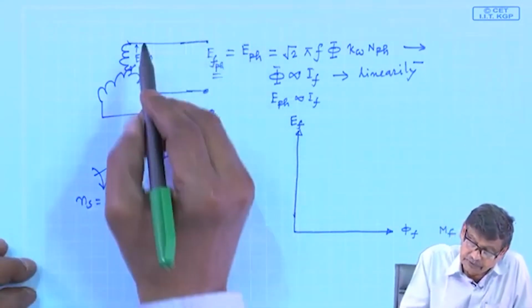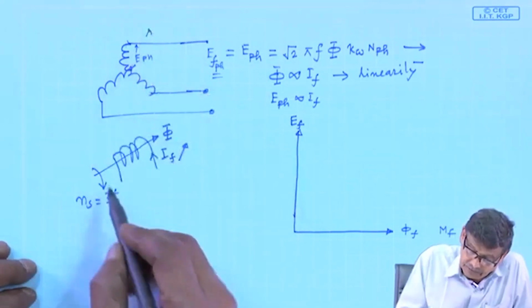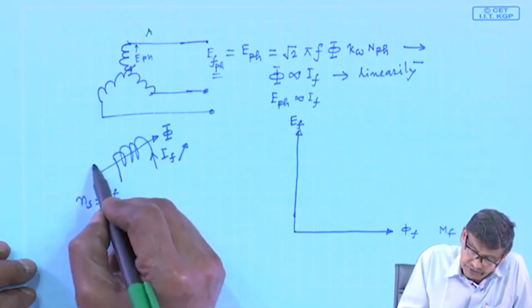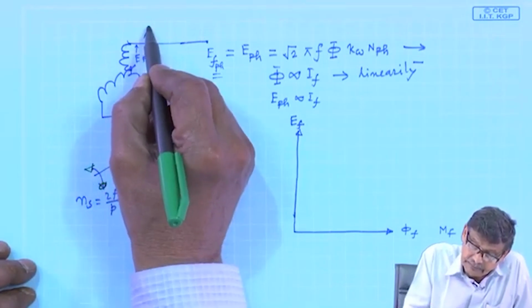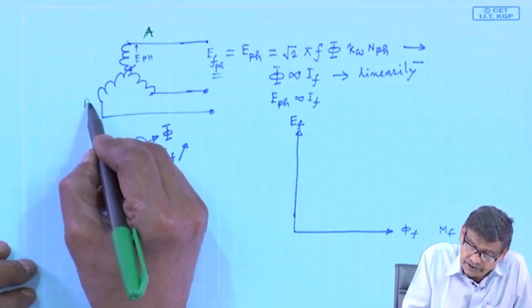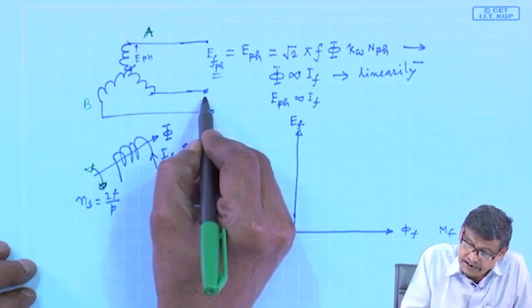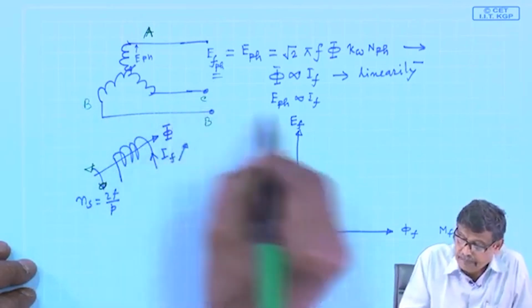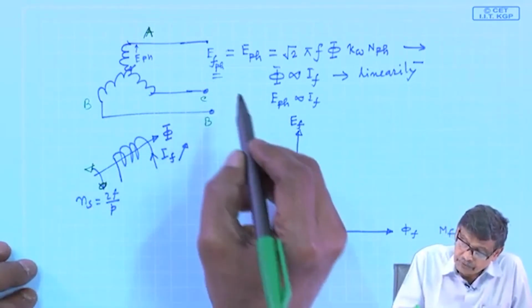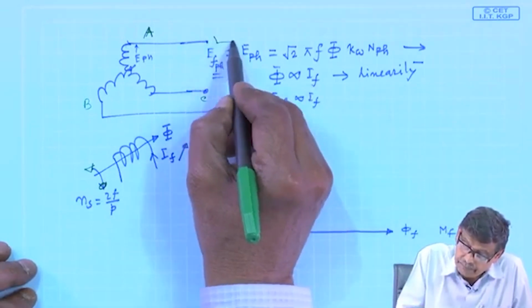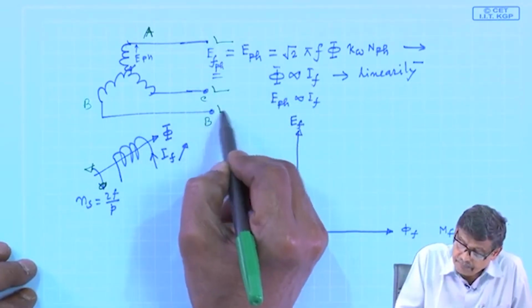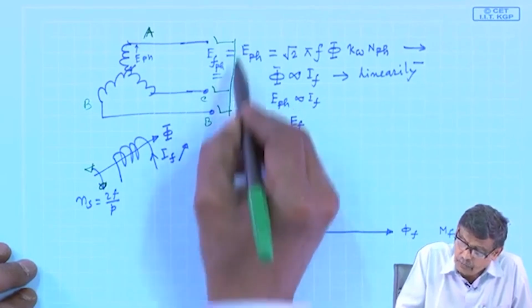This is, suppose, a phase. If you show this direction here, then based on this direction it should be numbered A, B and C. Now suppose you have a three-phase load.